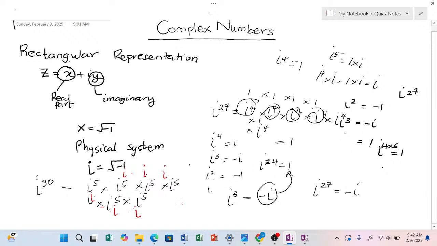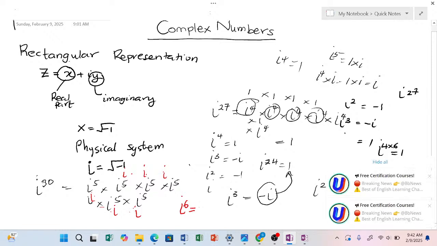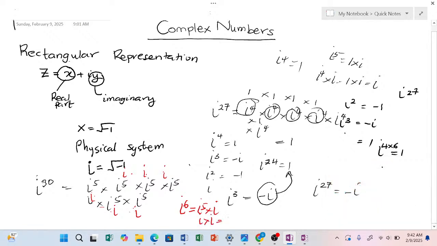That is going to give us i to the power 6. And out of i to the power 6, we can get i to the power 5 by i, and i to the power 5 is i. So i by i is negative 1. So when we are asked to find i to the power 30, it's simply negative 1. And that will end this part.